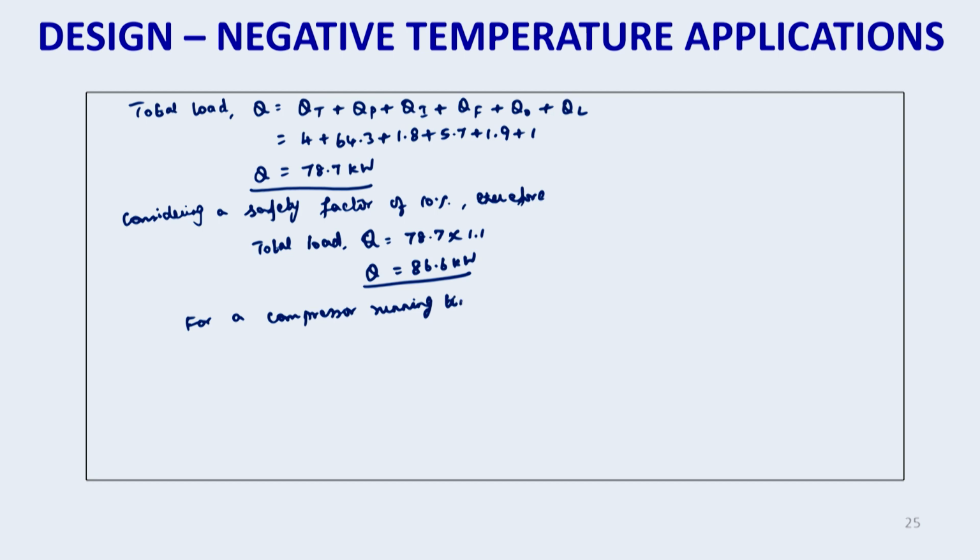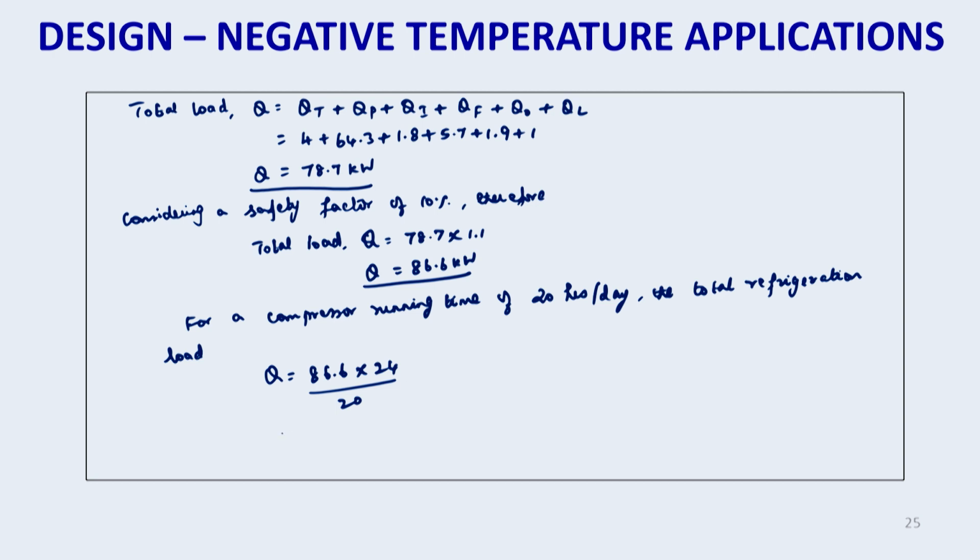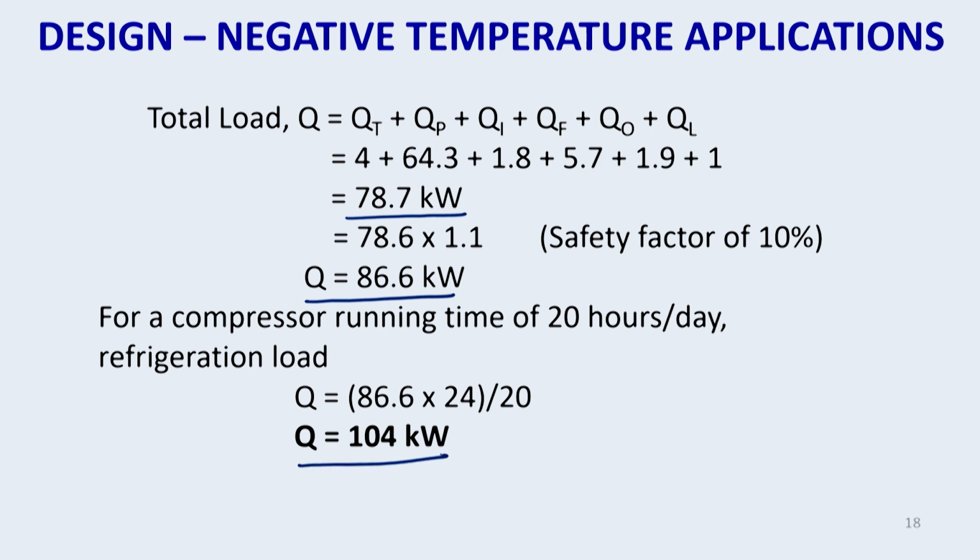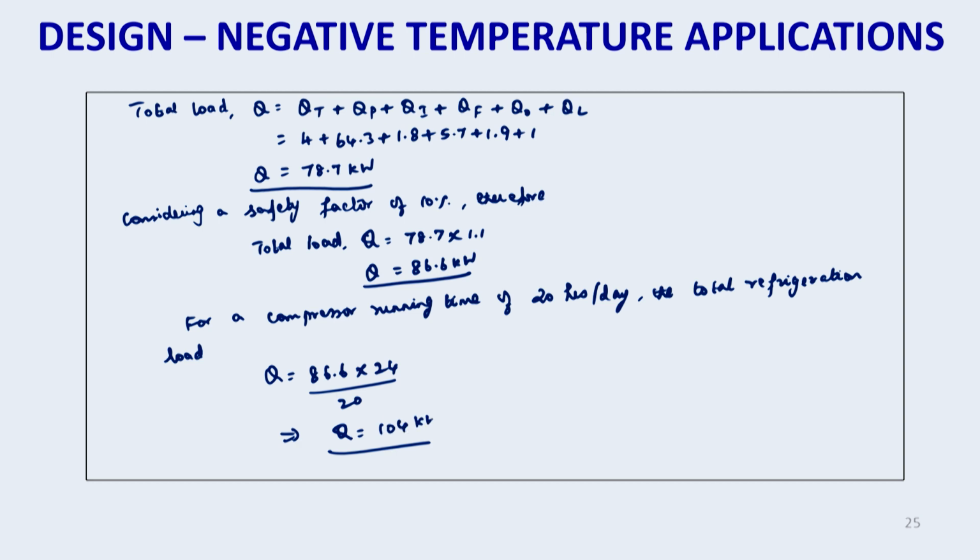The total refrigeration load Q is equal to 86.6 multiplied by 24 divided by 20. So it comes to 104 kilowatt.